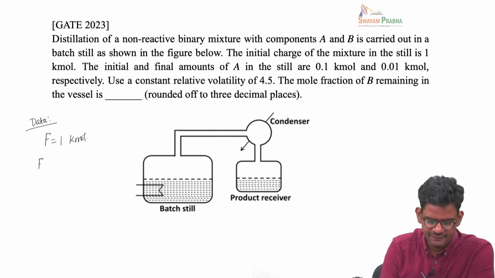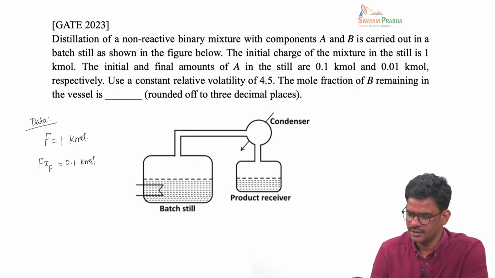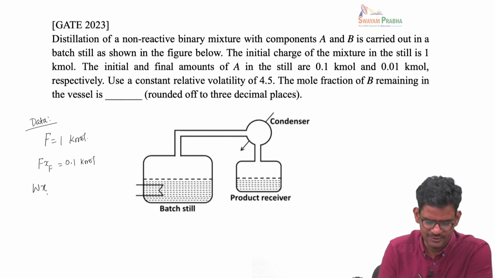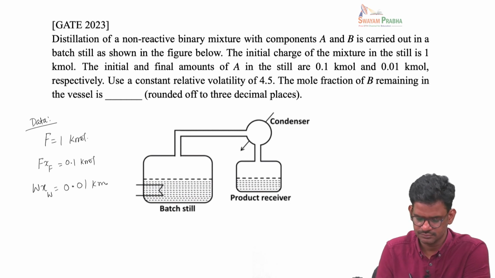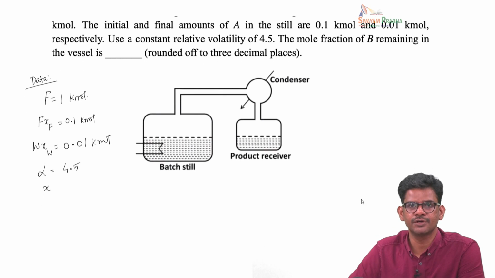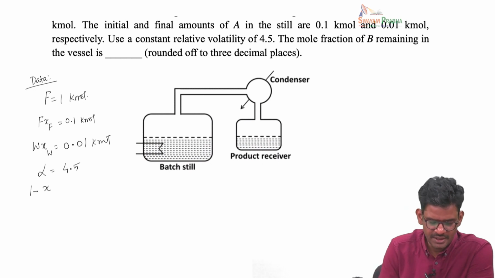So, that is F times XF, given as 0.1 kilomole, and the final amount of A in the still, so that would be W times XW, is also given as 0.01 kilomole, and alpha is given as 4.5, and we need to find the mole fraction of B in the residue. So, that is nothing but 1 minus XW. Okay. So, this is what we want to find out.